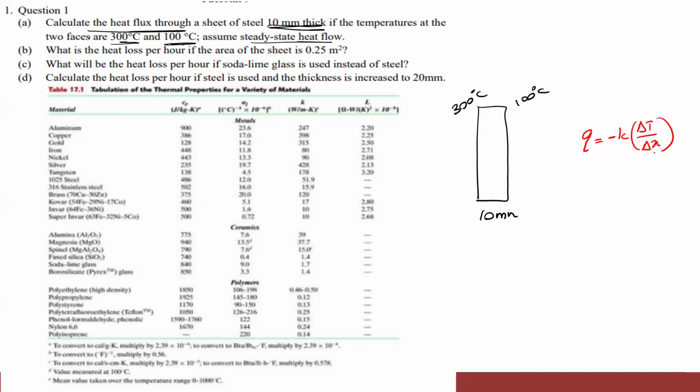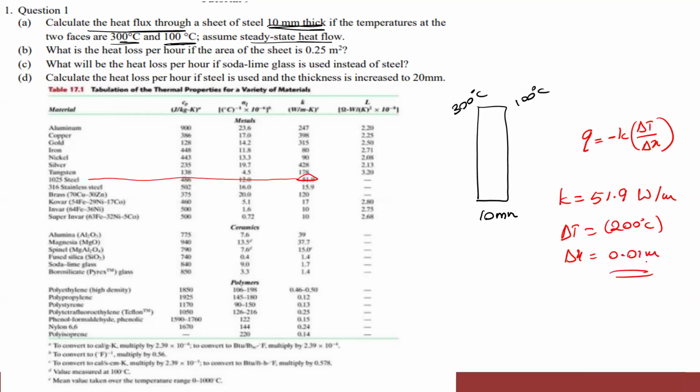Is this right? That is the equation we discussed at the very beginning. We need to know the k value for steel, which is 51.9 watts per meter per Kelvin. Then we have delta T, which is 200 degrees Celsius, and delta X is 0.01 meters.